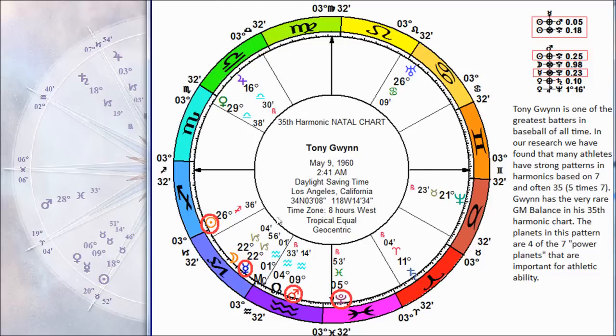So astrologically, what makes an isotrap very powerful is not only is the Sun-Mercury angle the same as the Mars-Pluto angle, by definition, that's what makes it an isotrap, but the Sun-Mars angle is the same as the Mercury-Pluto angle.